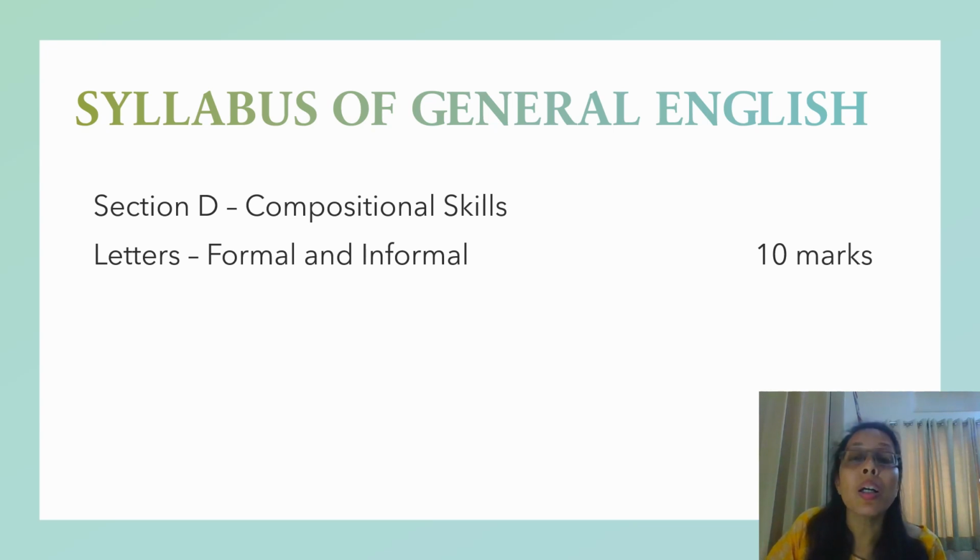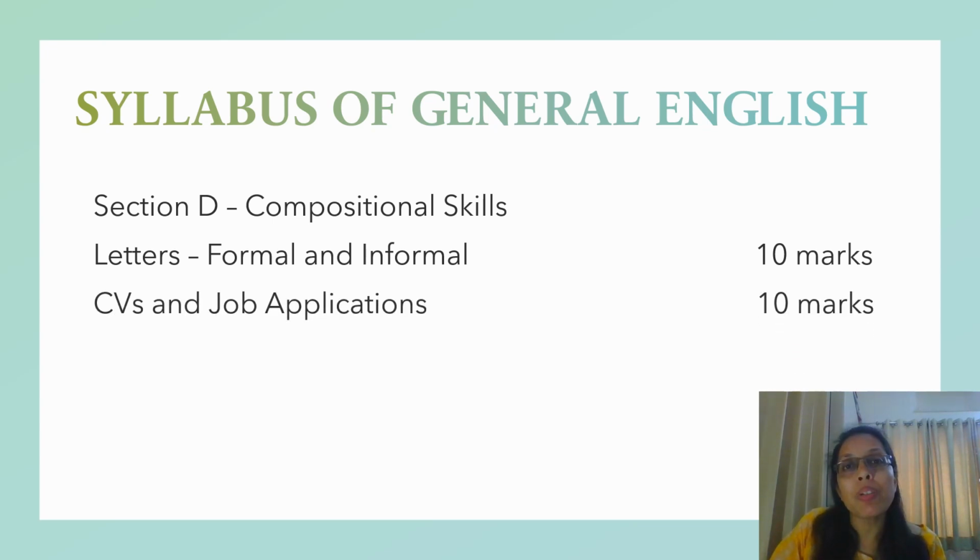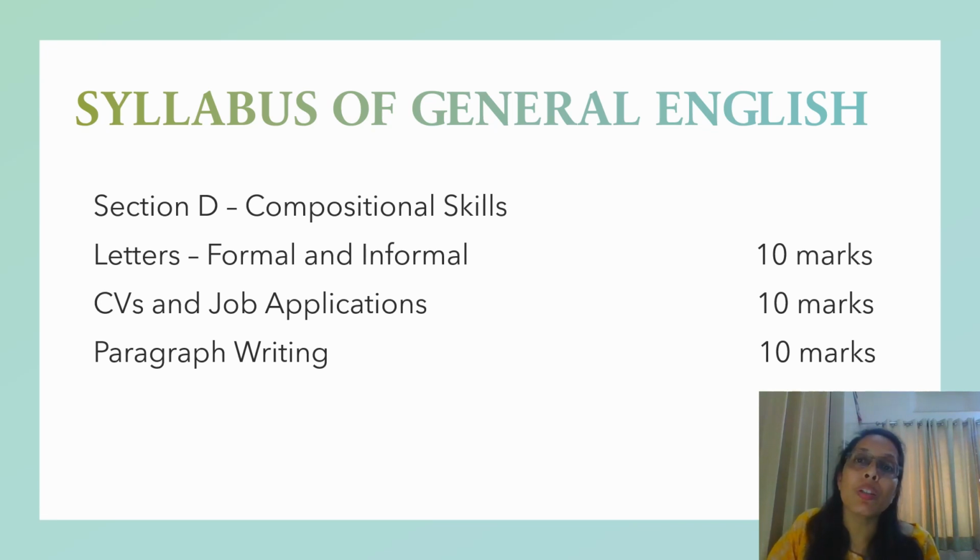You will be asked both formal and informal, and you will be given internal choice, and it will be of 10 marks. Then there will be CVs and job applications, worth 10 marks. There will be one question where you will be given some topics, and you will have to choose one topic and write one paragraph, and it will be of 10 marks.